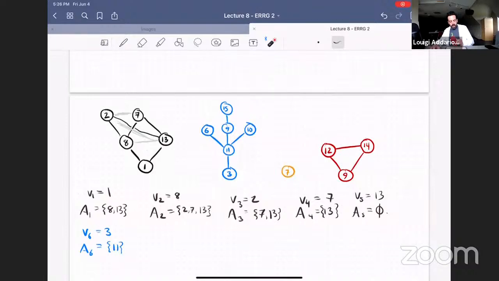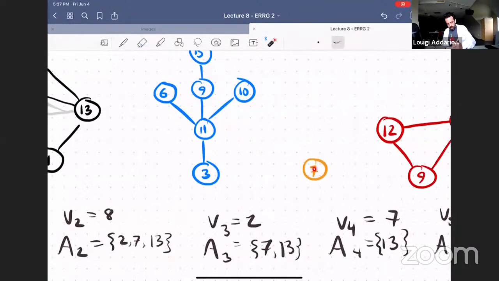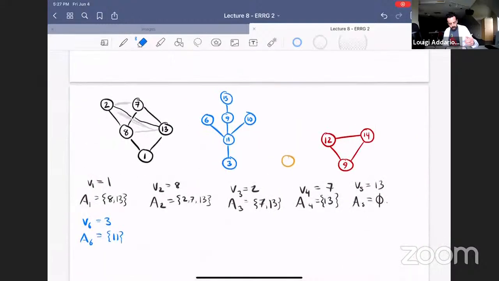Someone says, why are there 2 7s? So the yellow 7, oh, sorry, yes. So let's call that, I don't know, is there a label missing from 1 to 15, 17, that I can use?